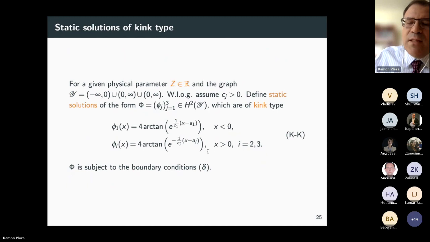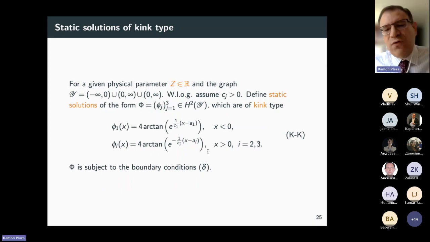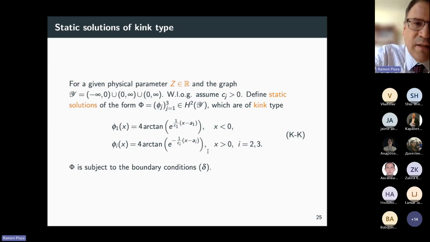Now, the next question is, what are the waves that you're going to study? We need to construct these kink or anti-kink profiles. Let's suppose that you have specified the physical parameter z that defines the boundary conditions on the graph. You can look for static solutions of this form, which resemble the kink solutions of the sine-Gordon equation on the whole real line.